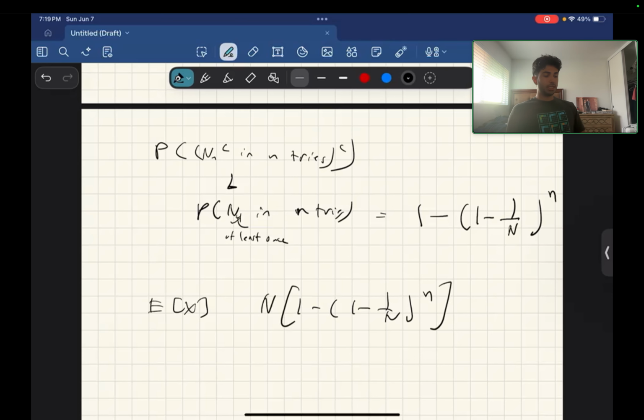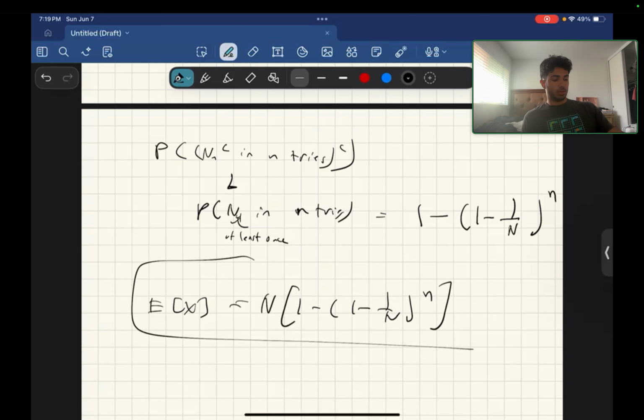The reason you multiply by capital N is because that's the probability of getting at least one of them, but you have n possible ones you could get, so capital N possible ones you can actually obtain. And so that is the final answer.